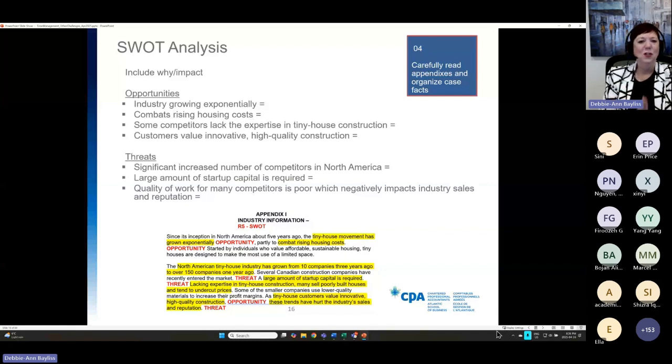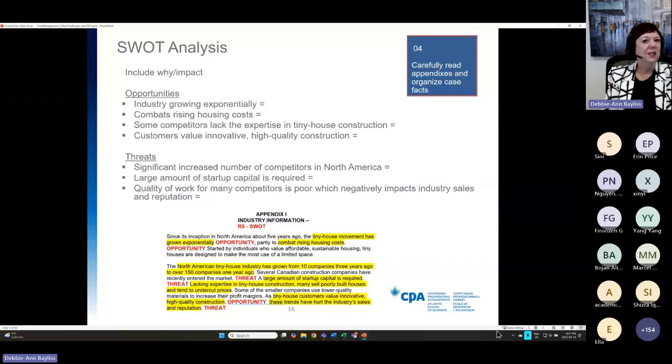Every single one of those are case facts. So if you think that you cannot meet the breadth, in other words, meet whatever the undisclosed number is for the qualitative factors, they're all there for you. You just need to extract them as you're reading. Threats: significant increased number of competitors in North America. Large amount of startup capital is required. And the quality of work from many competitors is poor, which is negatively impacting industry sales and reputation.